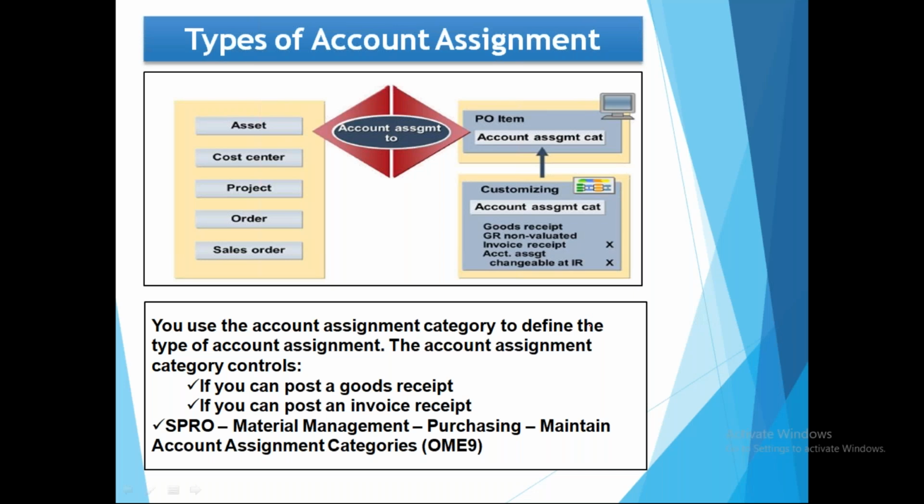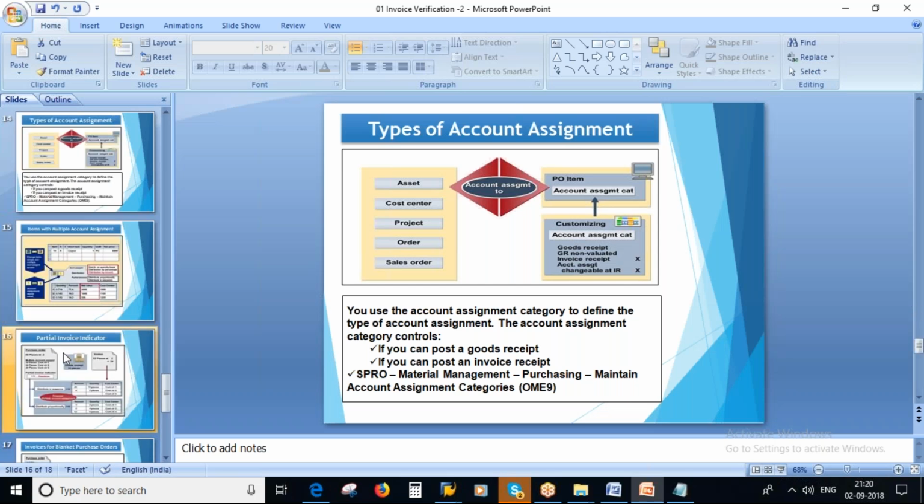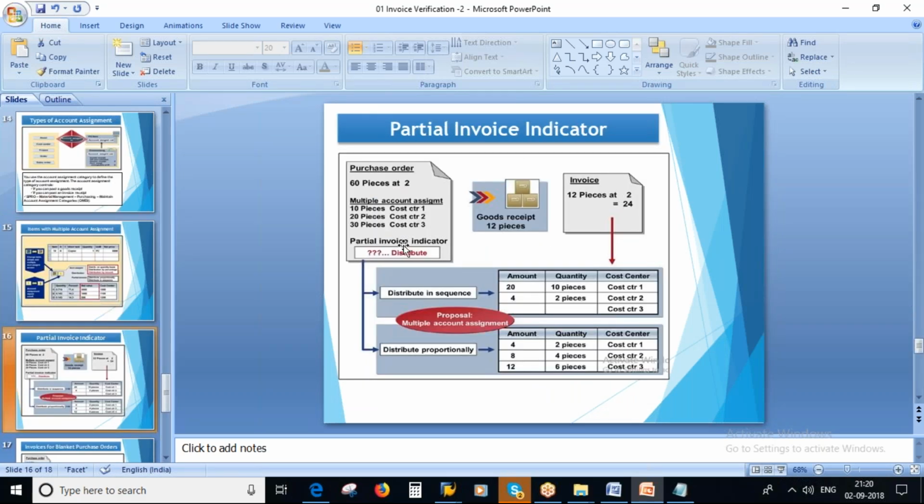We discussed purchasing of consumable materials, where we use the account assignment category as cost center. So when you use cost center as account assignment category and do the invoice verification, you have the option of changing the different quantities getting posted to different cost centers. That option is available, provided you have the partial invoice indicator available in your PO. Okay, so we will see this in the system.